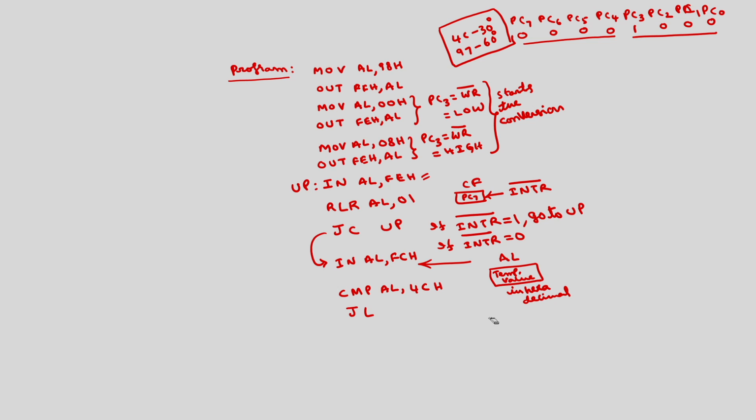So, we use jump if less. This is true if the temperature is less than 30 degrees. Then you have to turn on the heater: jump less than, heater on.